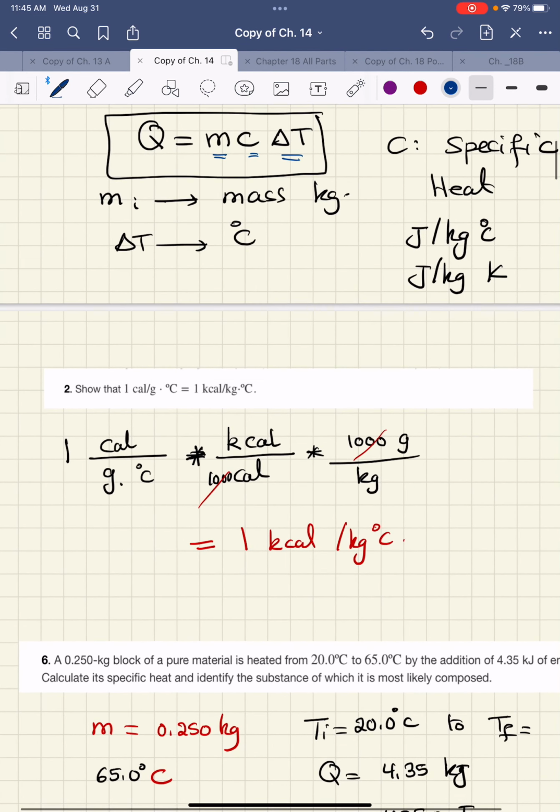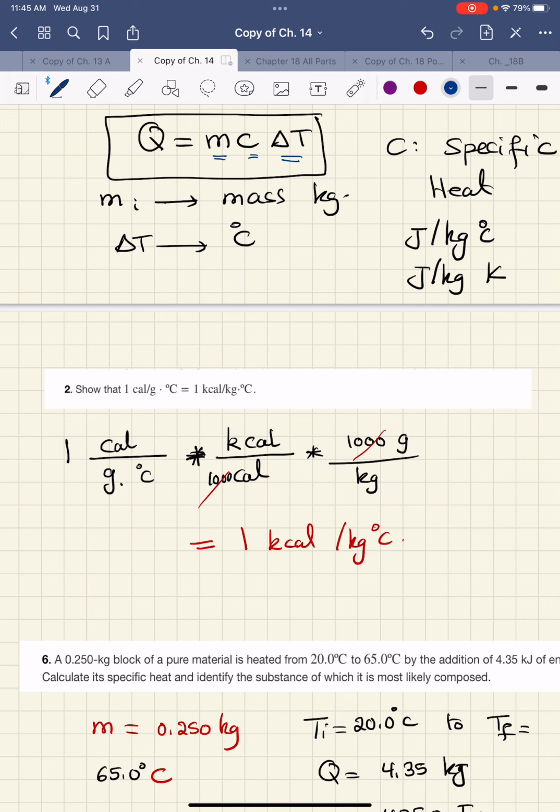The first question here is to show that 1 calorie per gram degree Celsius equals 1 kilocalorie per kilogram Celsius. I can easily do the calculation. 1 calorie divided by gram Celsius. I want to change calorie to kilocalorie, and 1 kilocalorie is 1000 calories.